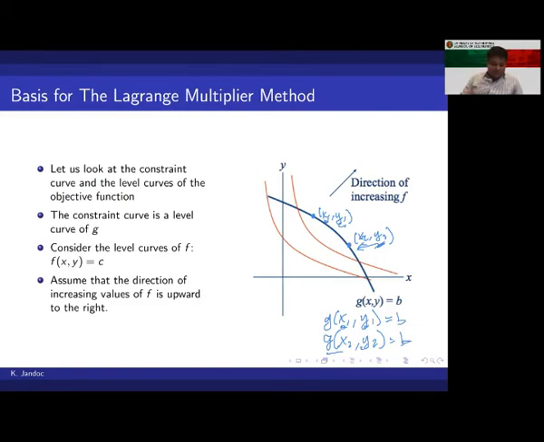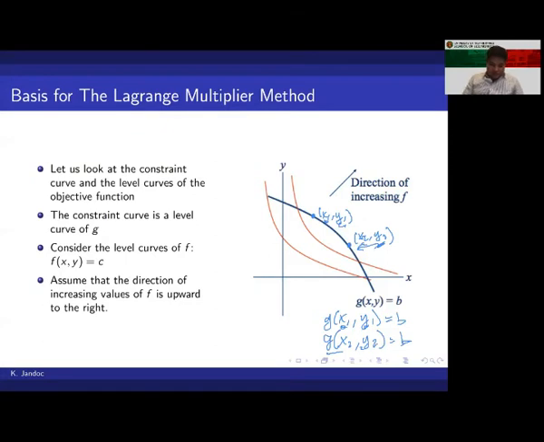As discussed, this is a level curve of the function g. Now, notice that the objective function is also a level curve, and this is depicted by these red lines over here.